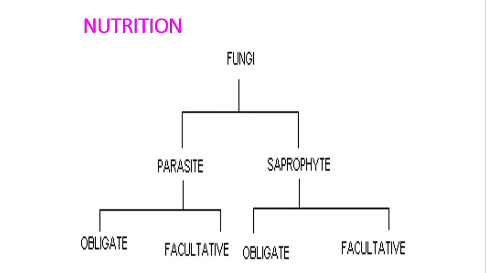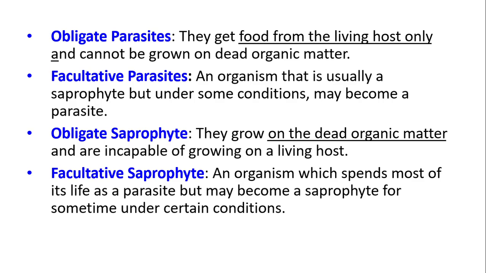So here they could be parasites or saprophytes, and in case of parasites, there could be obligate parasites and facultative parasites, and similarly in the case of saprophytes, there could be obligate saprophytes and facultative saprophytes. Here are the details of these parasites and saprophytes.